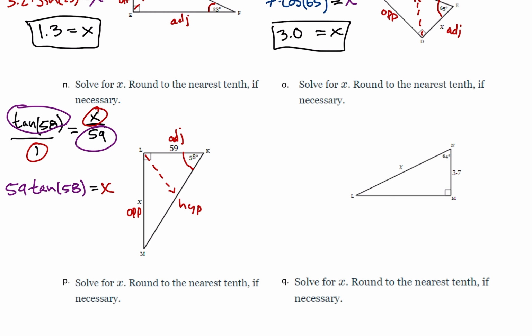Now we make sure x is all alone, which it is in this case. And so we can just plug this into our calculator and we'll get our answer. 59 times the tangent of 58 is going to be 94.4. And that's what x is equal to.